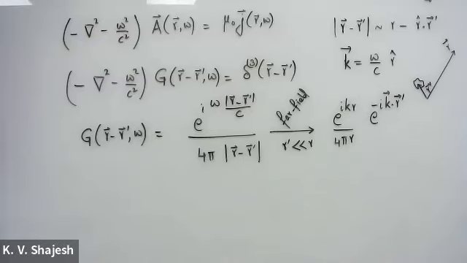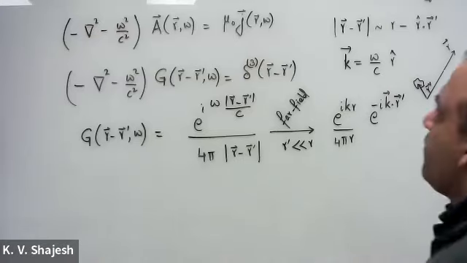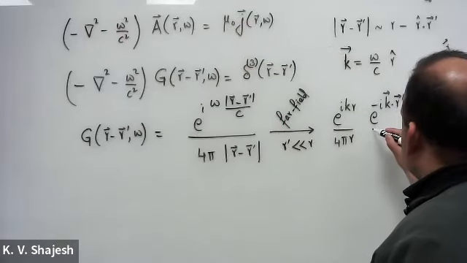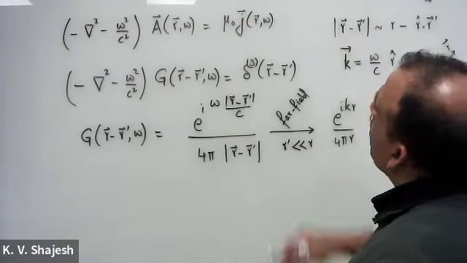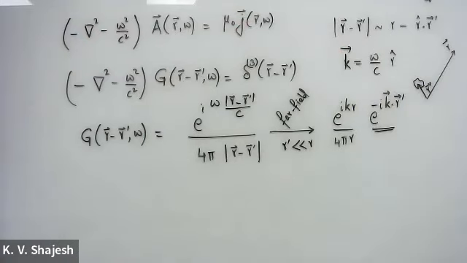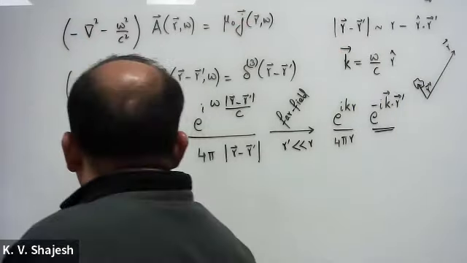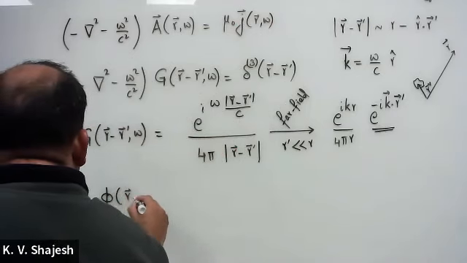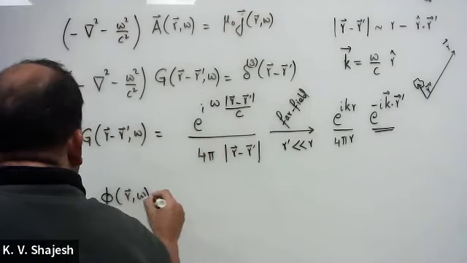With this feature, we can put this back in. This piece here makes sure that it is only the Fourier transform that contributes. This becomes phi of omega, which we wrote last time.